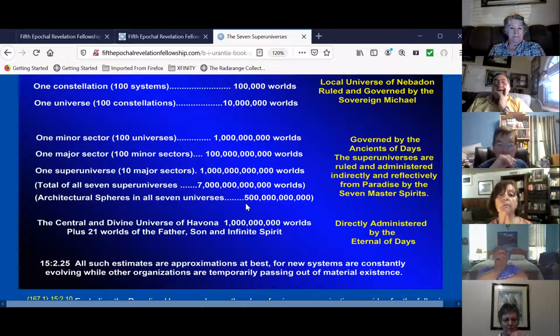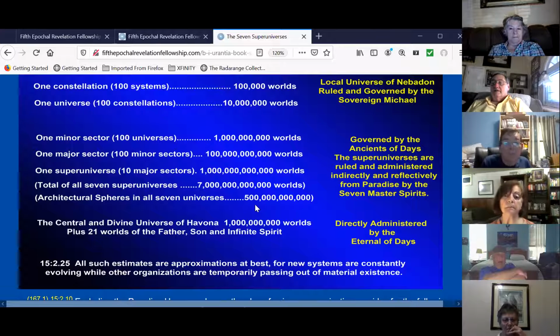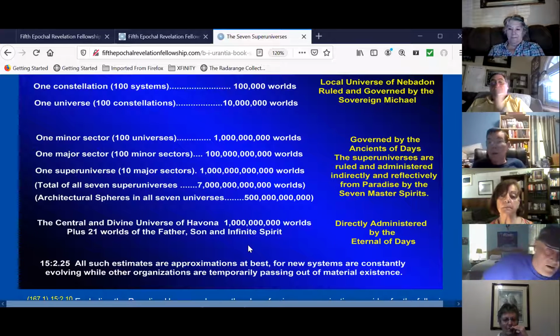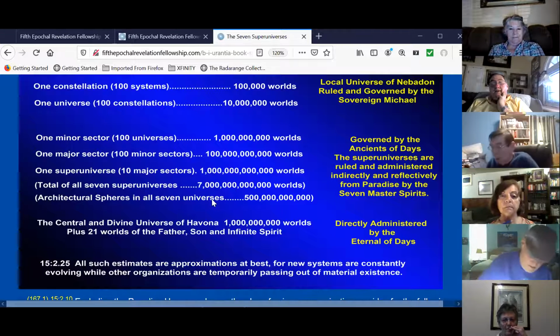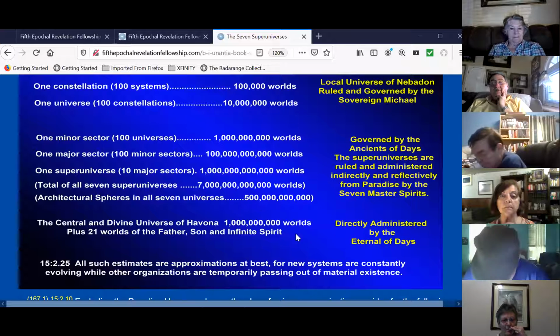But all the architectural spheres comes to 500 billion worlds. Dang, that's a lot of architectural spheres, is it not? That's a bunch of them. So here it is right here. The central and divine universe of Havona has 1 billion worlds, but the architectural spheres is 500 billion worlds.